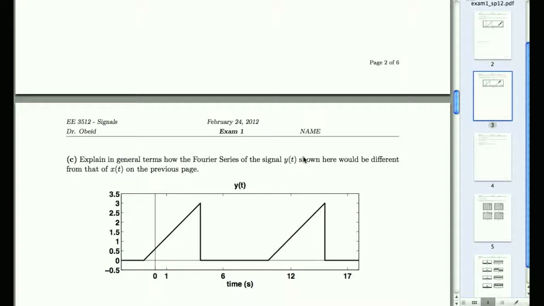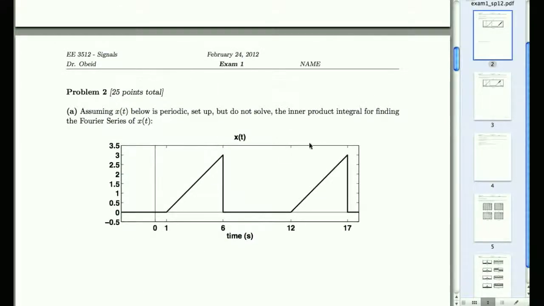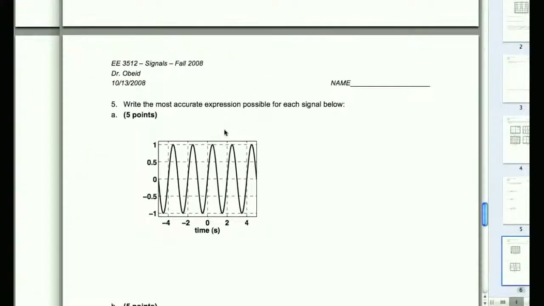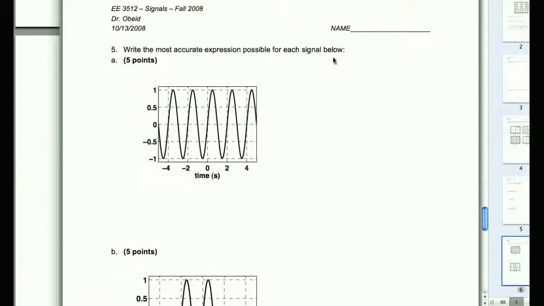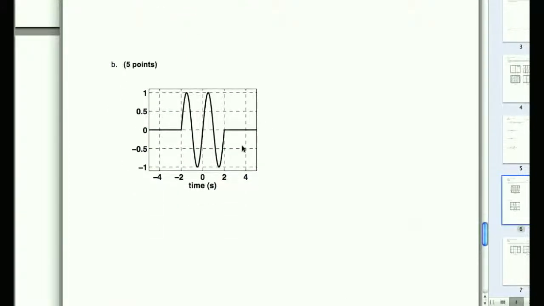This is pretty simple. I didn't actually do this part yet, but I'm just looking at fall 2008, number 5A. It just gives a graph, which appears to be a sine wave, and says to write the most accurate expression possible. When you say accurate expression, do you just want us to write a sine wave for it, and then fill in the parameters for omega and so on? Yep.